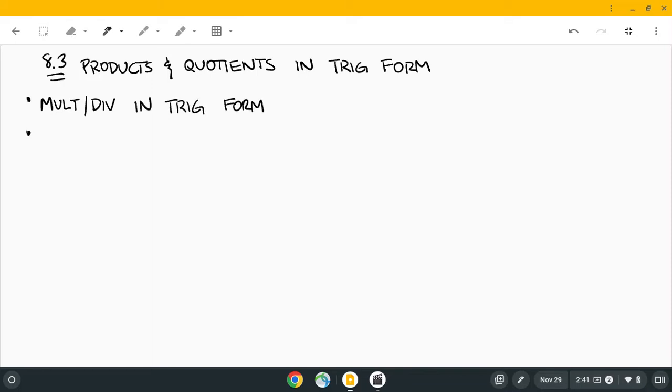And then we're also going to look at powers of complex numbers. And when we look at these powers, we're going to be looking at de Moivre's theorem.